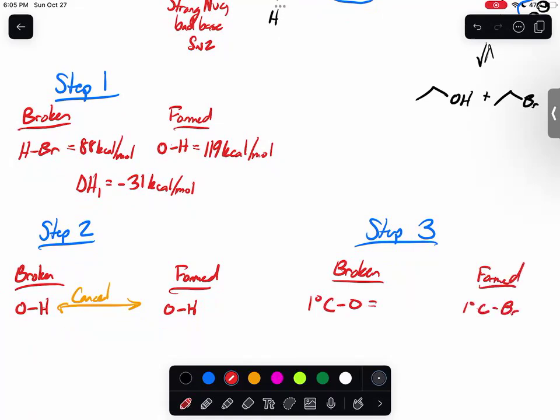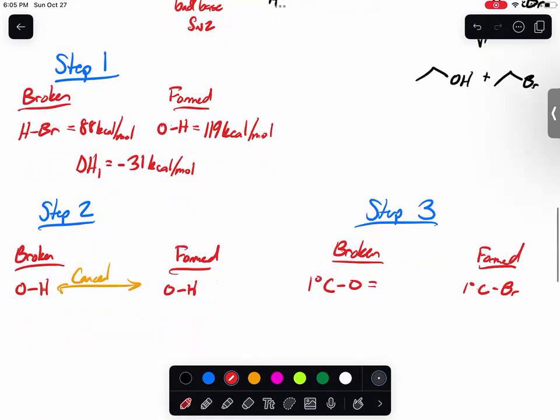And so the carbon oxygen bond is actually much more energetically stable, which is why these are so hard to react in the first place at 91 kcals per mole, whereas the primary carbon bromine bond is 68 kcals per mole. Right? So the delta H for step three ends up being positive 23 kilocalories per mole.